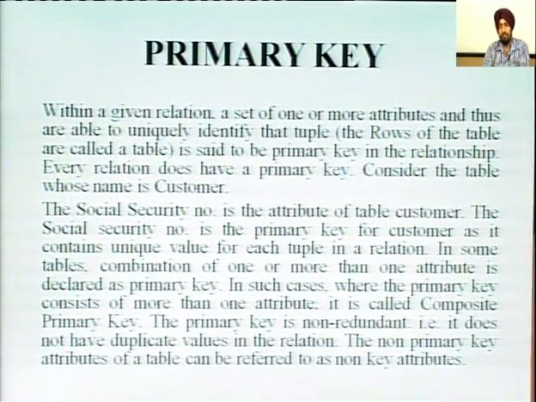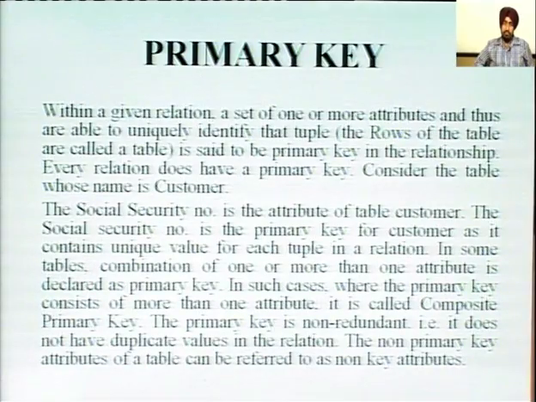First one is the primary key. Mainly, the primary key is described as a combination of two constraints: one is not null and the other is unique.